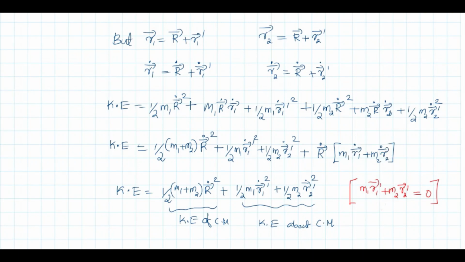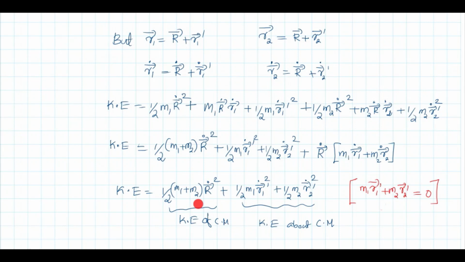So the remaining is half (m1 plus m2) R dot square plus half m1 r1 prime dot square plus half m2 r2 prime dot square. The first term is actually the kinetic energy of the center of mass, because m1 plus m2 is the total mass of the system and R dot is the velocity of the center of mass.